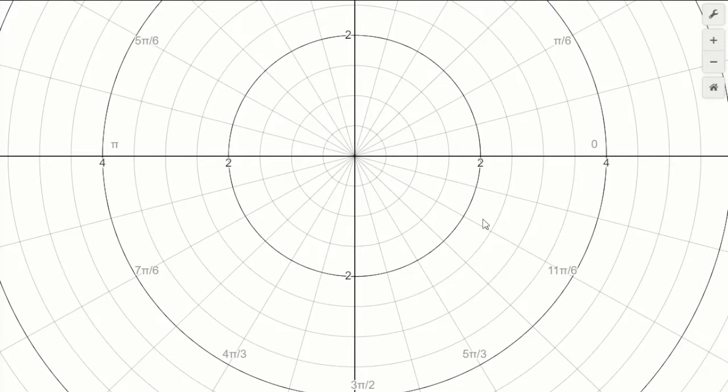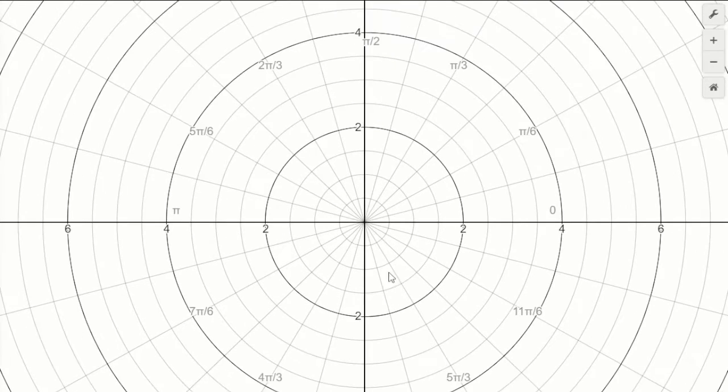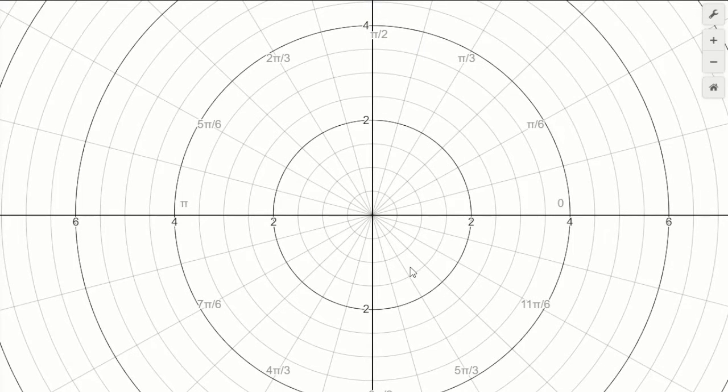All right, so on the graphing space right here, we're now going to look for the negative angle. From the x-axis, I'm going to go negative pi over 4, which is down here, and I'm expecting a radius of 1. So radius 1 is going to land me at a point just about right there.